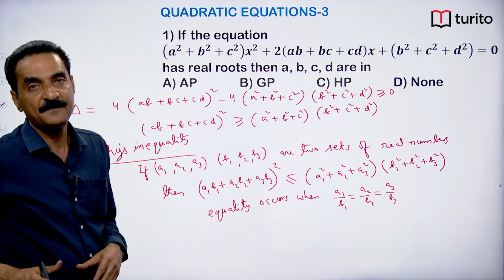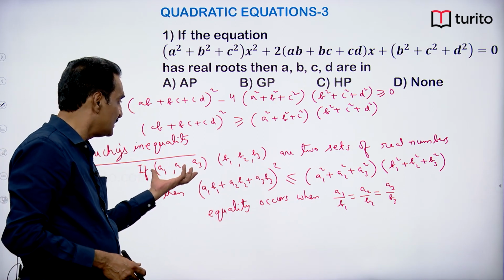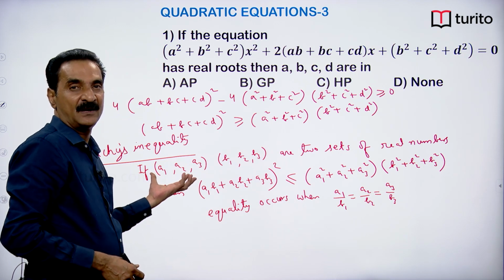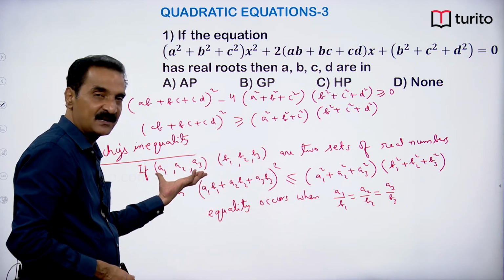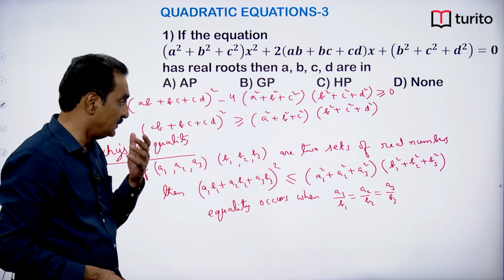This is the statement of Cauchy's inequality. I have written the Cauchy's inequality for two sets of 3 numbers. We can take n numbers in each set and write this inequality.